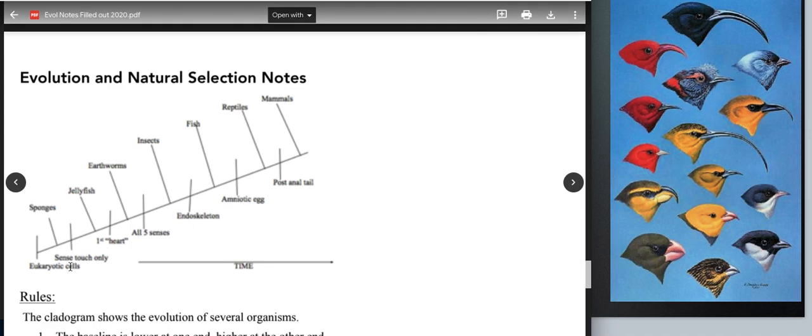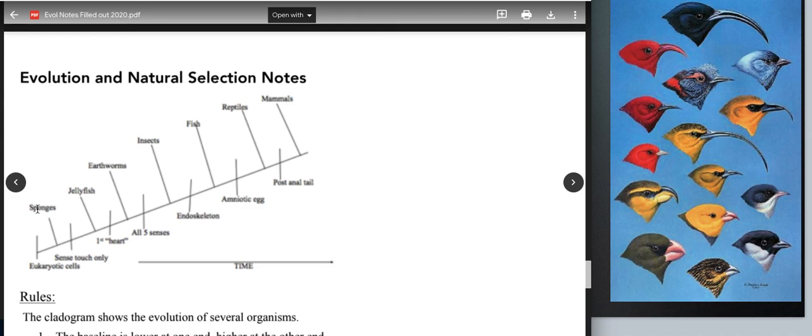Okay, so the way this works is every organism has all of the traits or characteristics that are found below it on the timeline. So remember, this diagonal line is your baseline, and as it goes up, it moves forward in time.